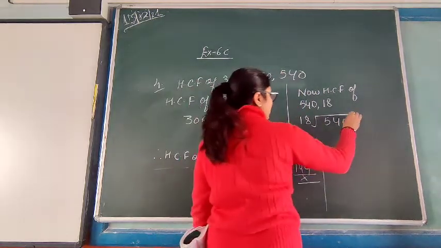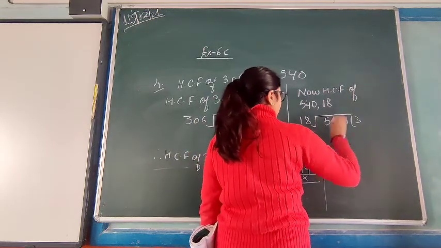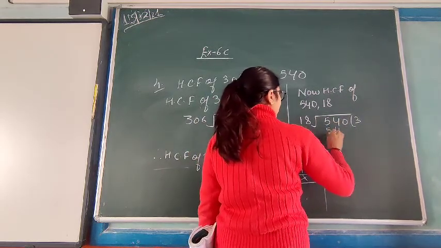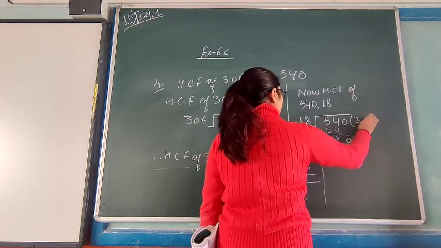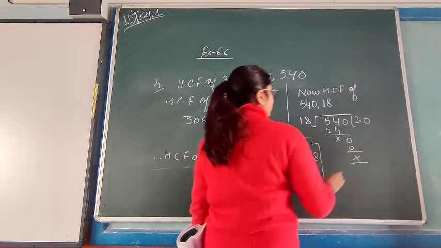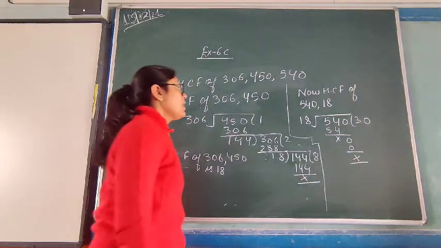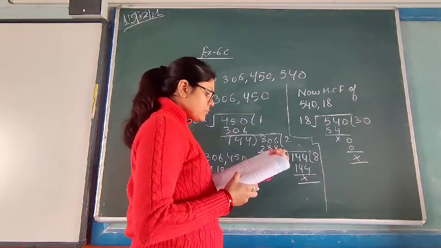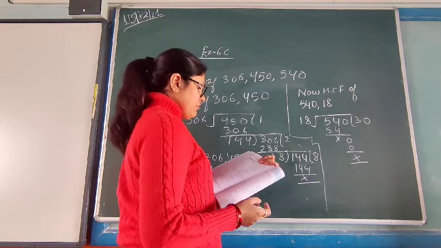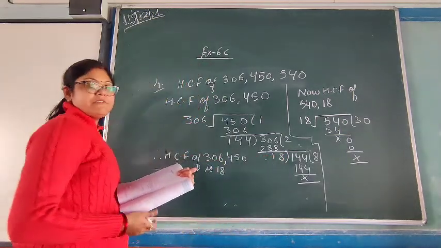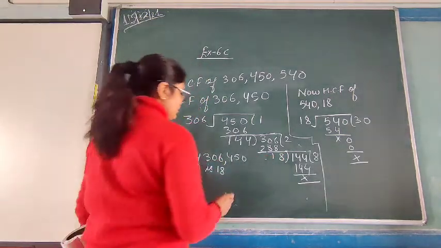Let's divide. Now 18 3s are 54 and 0 here. So you will see 18 will divide 540 also. That means the greatest number which will divide 306, 450 and 540 will be 18.